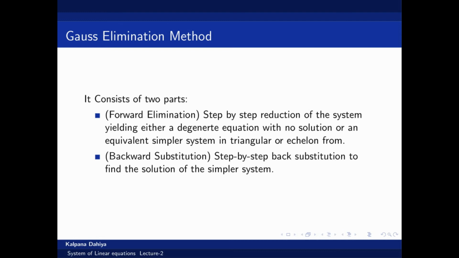After reducing the system to triangular or echelon form, we use step-by-step back substitution to find the solution of the simpler system. The main difference between Gauss elimination method and just elimination method is that in Gauss elimination method, we reduce the system to triangular or echelon form. We don't have this condition when we apply the elimination method directly to a given system of equations.